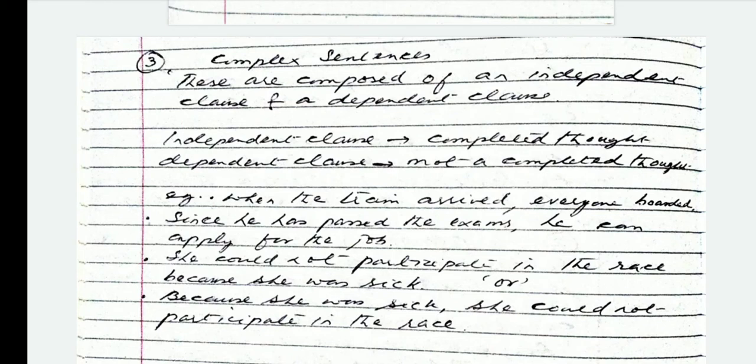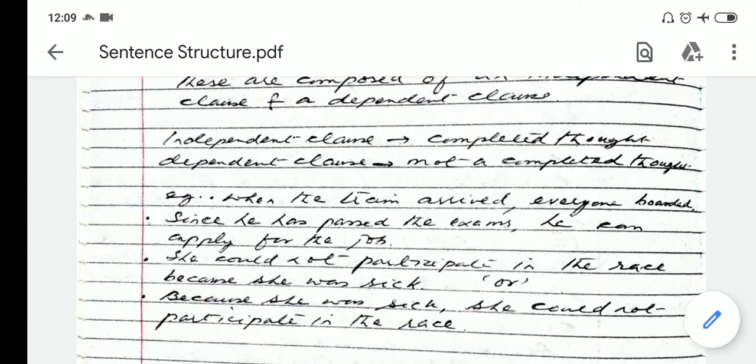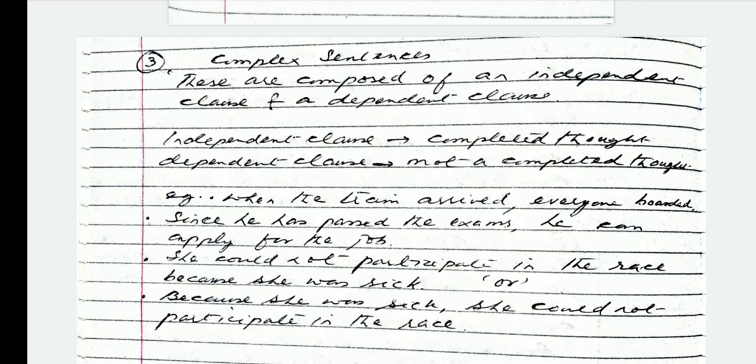She could not participate in the race because she was sick. Now again, it has two clauses. She could not participate in the race. This is the independent clause. In this sentence, the independent clause has been placed first. In the previous two sentences, the dependent clause was placed first.